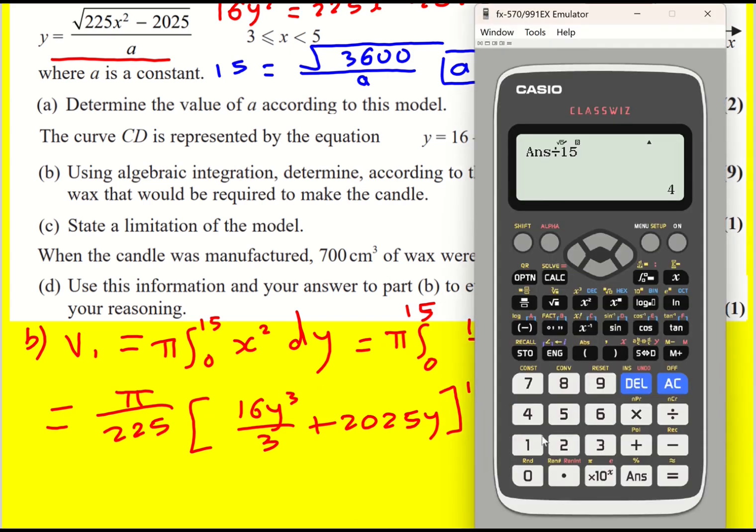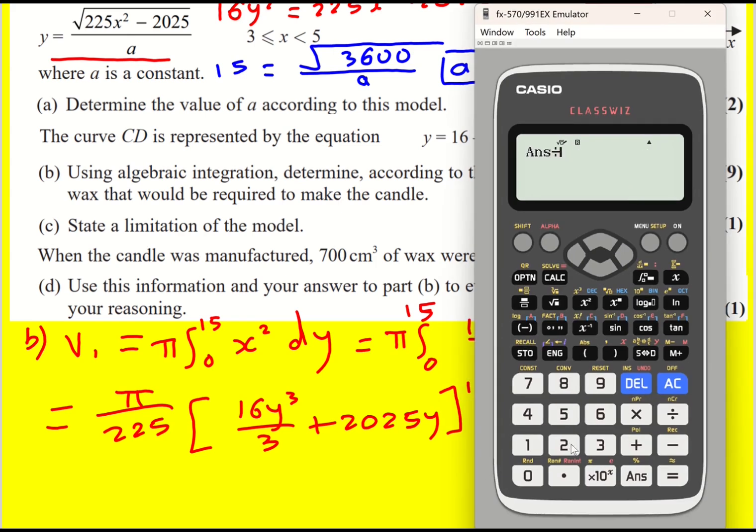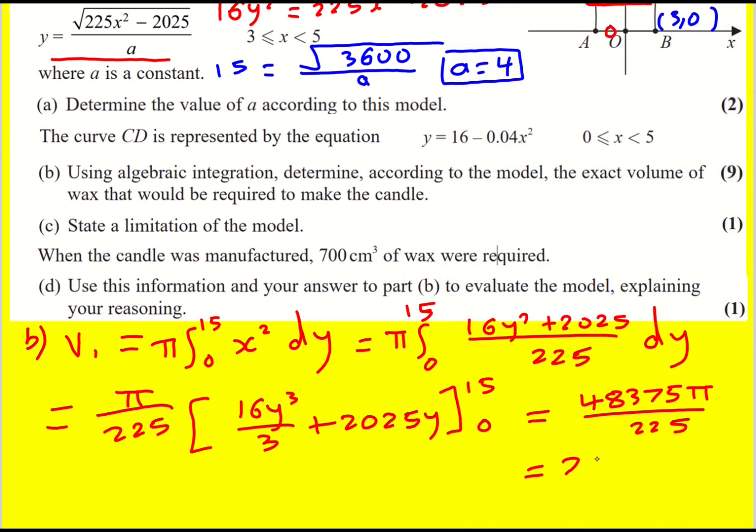When I put in 0, I'm not going to get anything, so it's all about the 15. So 16 times 15 cubed divided by 3 plus 2025 times 15, 48375. Which gives 215 pi.